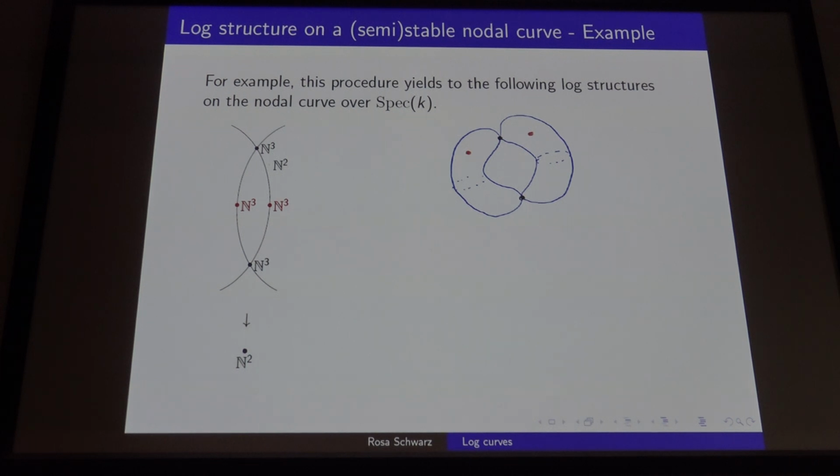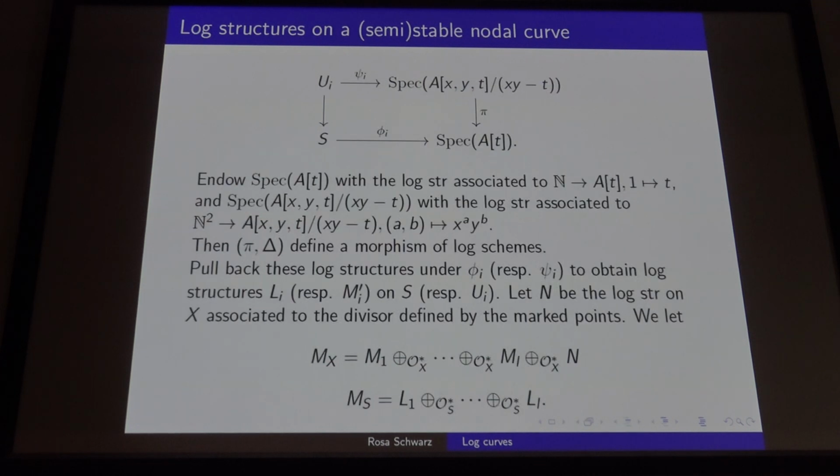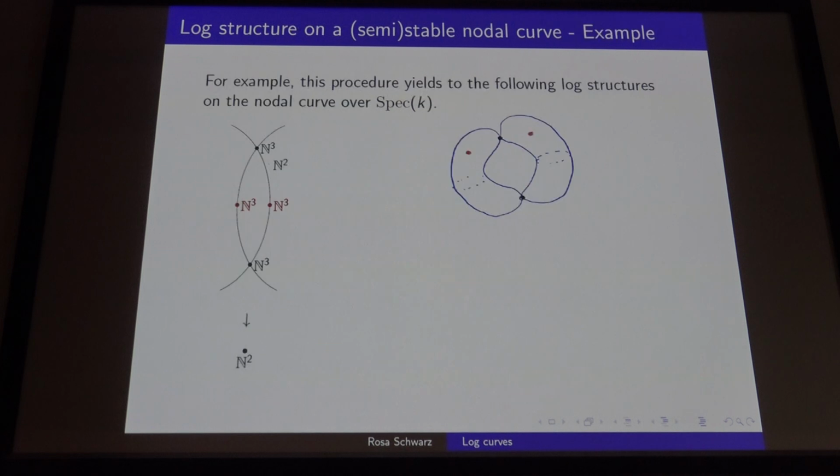And if you use this procedure, you can see that there are two nodes in our curve over just a field. So there will be two of these Mi and Li. And this Li is just pulling back the map from N to your variable. So you can expect on S, in this case on our field, for the monoid N squared to appear, and this is true.